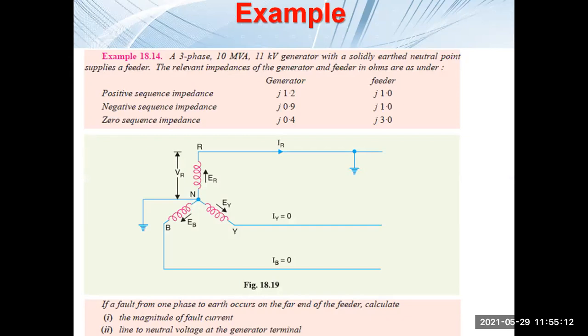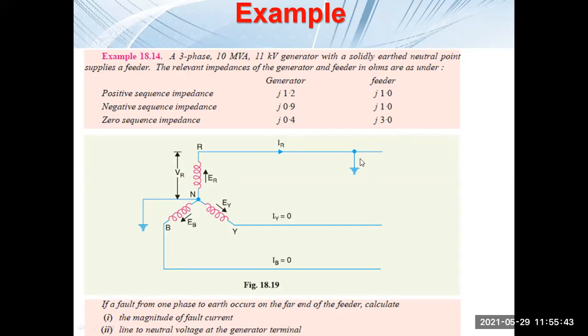A three-phase 10 MVA 11 kV generator with a solidly earthed neutral point supplies a feeder. The relevant impedances of the generator and feeder in ohms are as under: positive sequence impedance, negative sequence impedance, and zero sequence impedance. The values are given for the generator as well as for the feeder. Now, if a fault from one phase to earth occurs at the far end of the feeder, calculate the magnitude of the fault current and the line to neutral voltage at the generator terminal.